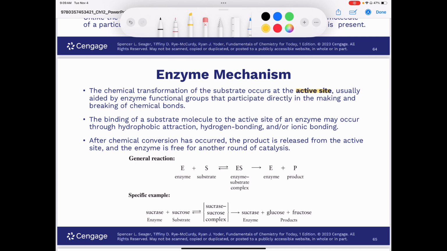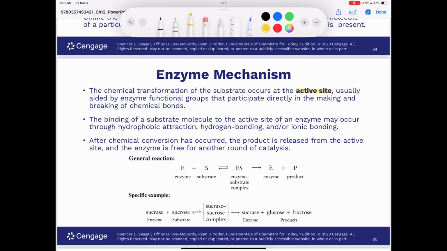The binding of a substrate molecule to an active site of an enzyme may occur through a hydrophobic interaction, hydrogen bonding, or ionic bonding, like a salt bridge. The complex formed when an enzyme and a substrate bind is called an enzyme substrate complex. Once the complex is formed, the conversion of the substrate to the product can take place.